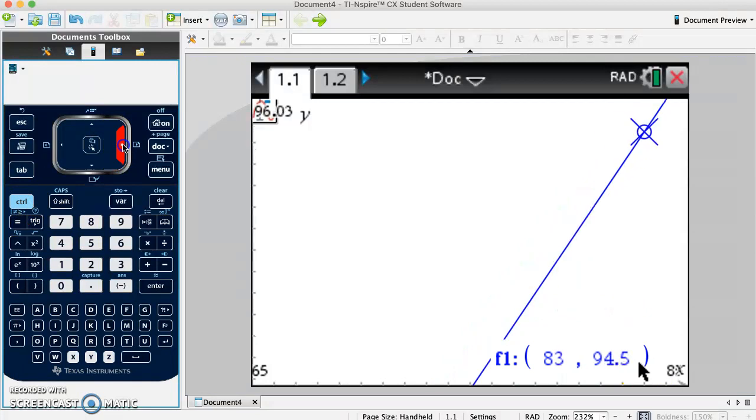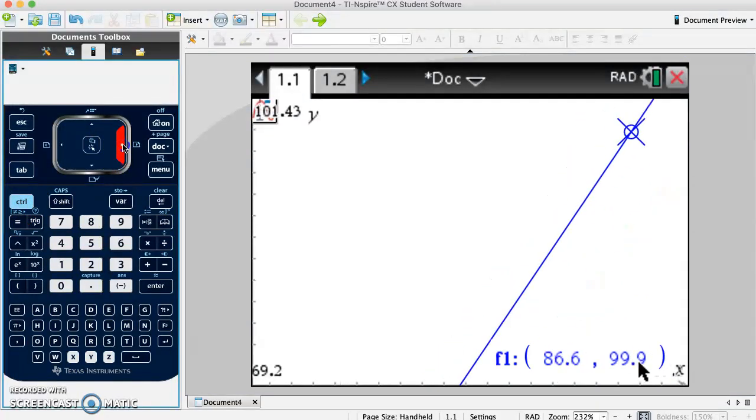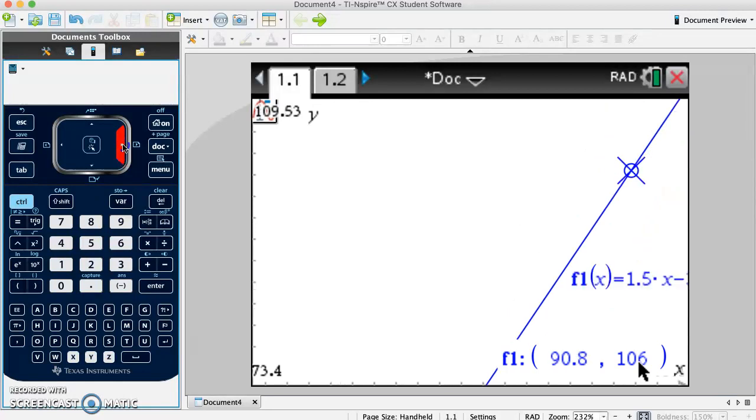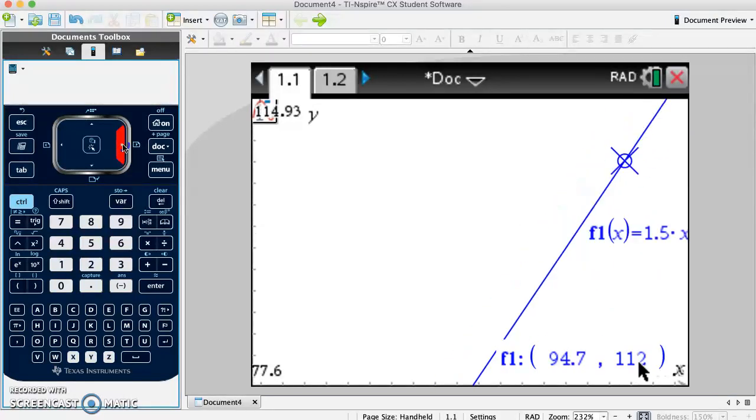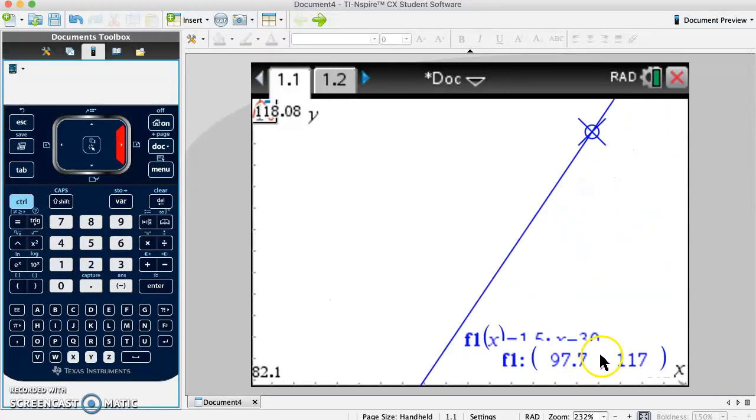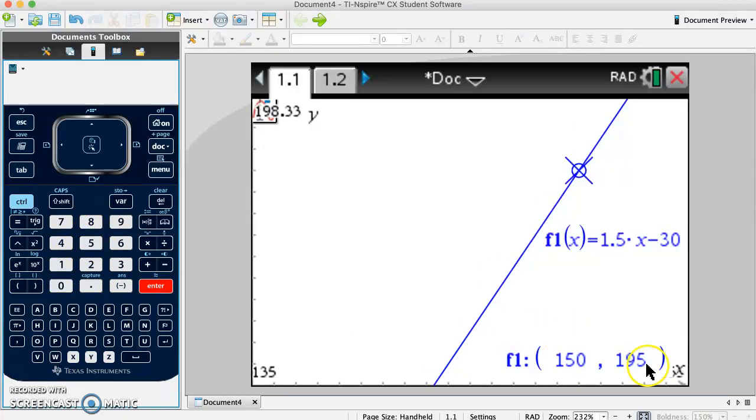So you can either hold down this and keep moving until you see a 300 pop up there, which might take you a little while, or you can kind of estimate. Here we are at 97.7 bags, which is not realistic. But if I do, let's say 150 bags, that's 195, let's say 250, well, that's 345. So 250 is too many bags.